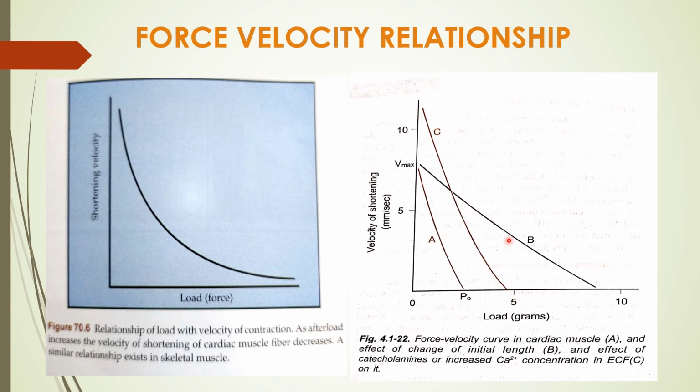So these are the three curves. This one is the normal, and these are the effect of change in initial length and the effect of catecholamines and calcium concentration. So shortening velocity and force of contraction are both different. When you increase the initial length, the Vmax shortening velocity is the same, but only the force of contraction is increasing. Okay, so remember this point in the force-velocity relationship.